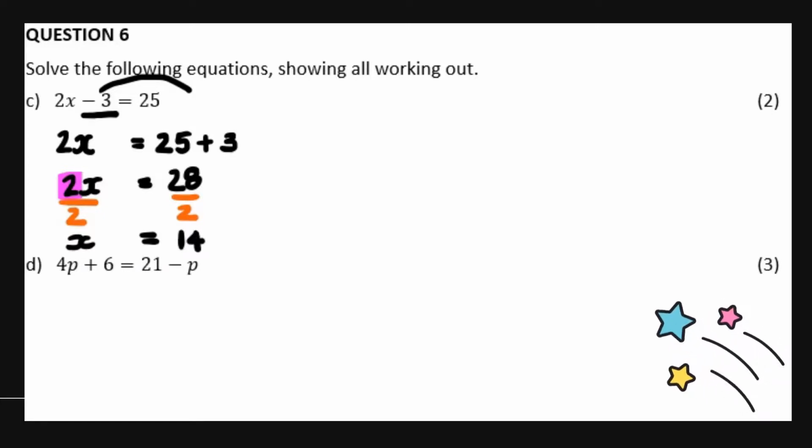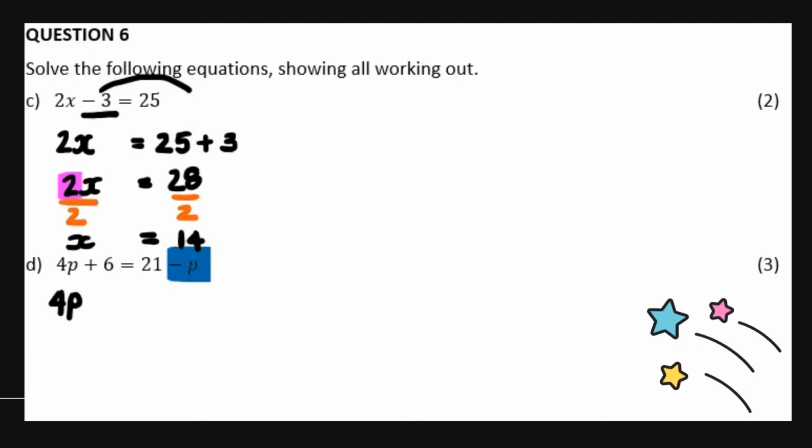Number D. Here we need to move variables and numbers. So we would start off by saying 4p, which is in the right position, and we are going to move the negative p to the left-hand side. Because we are moving negative p, it becomes positive p, which is equal to 21.